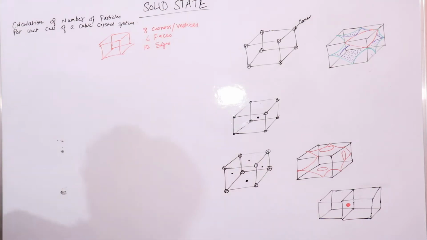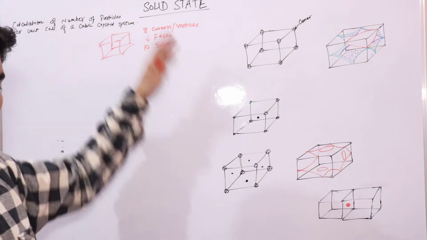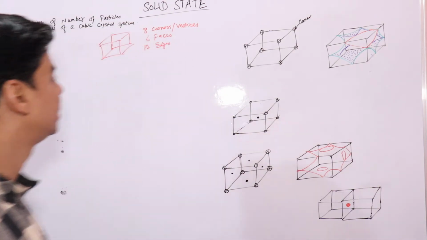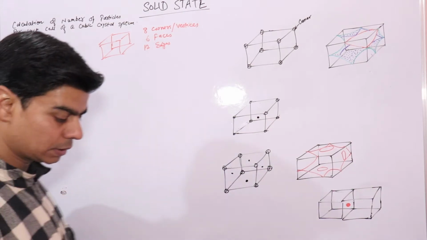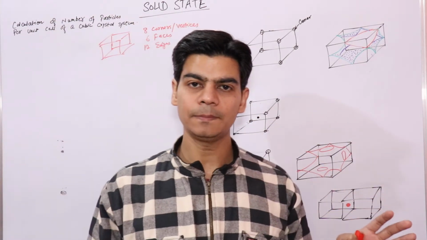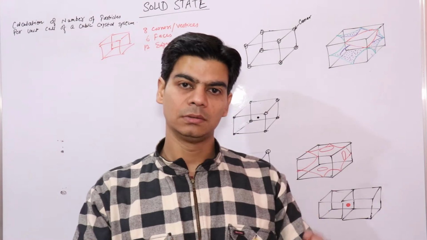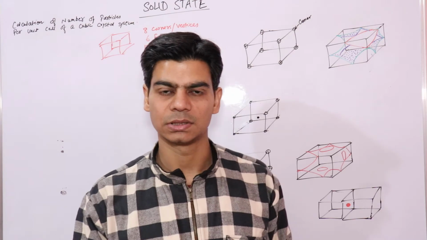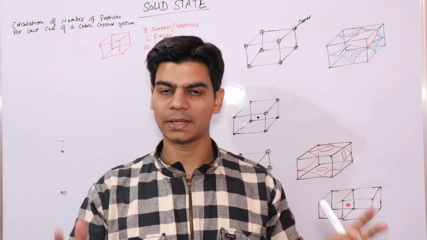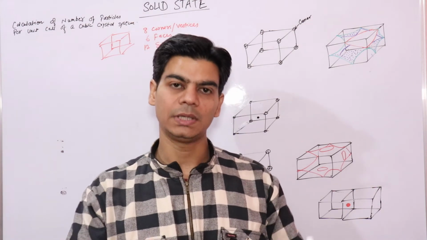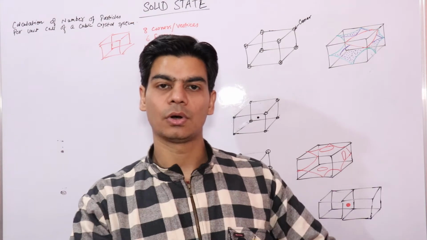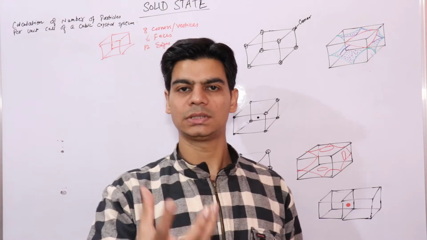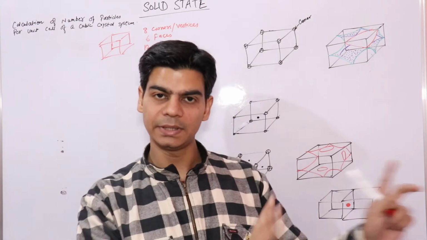If you know about the geometry of a cube, it will help us find the number of particles in a unit cell, because we know that in a cubical crystal system a unit cell is a cube. A cube is a 3-dimensional structure, and the crystal lattice is again a 3-dimensional system, arranged in 3 dimensions.